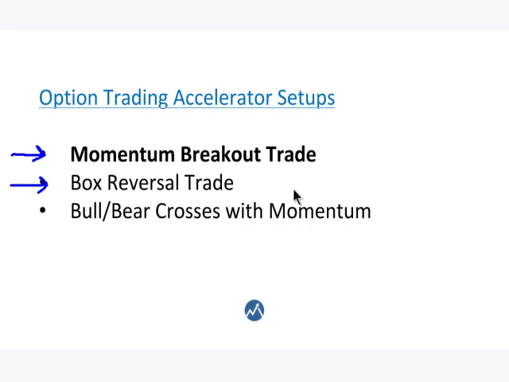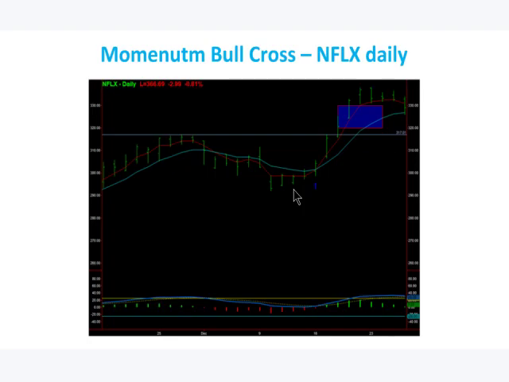We also have a specialized one called the mid-morning reversal, which happens right around that time frame I told you, 10:30 to 11 o'clock. And then a very common, but I don't think utilized as much these days, bullish and bearish cross with momentum type trade.